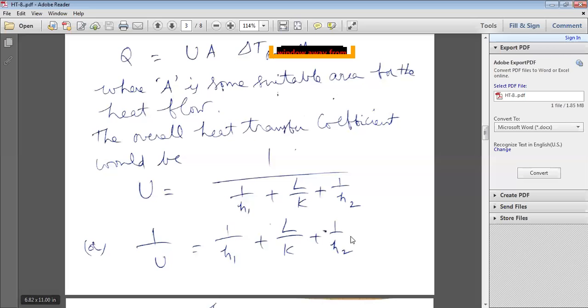You can easily remember it like this: 1 by U equals 1 by H1 plus L by K plus 1 by H2.